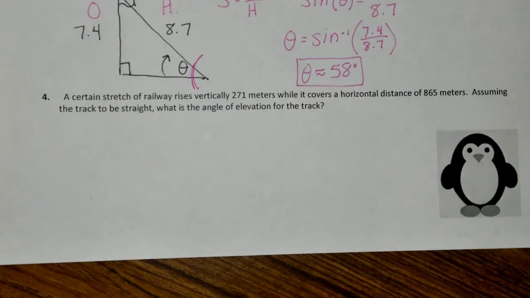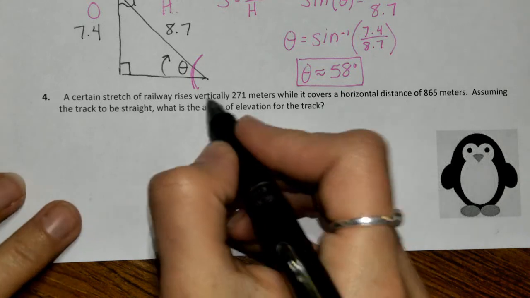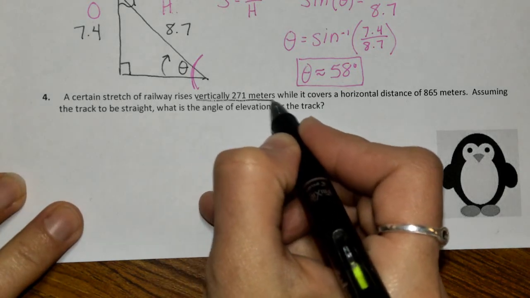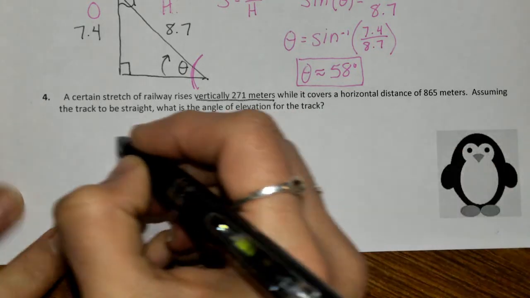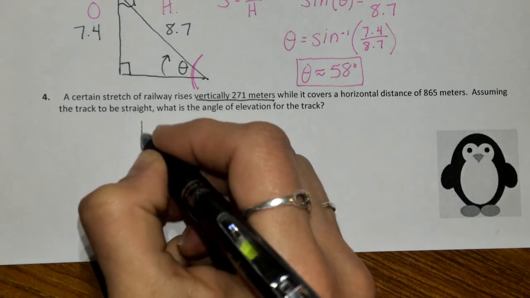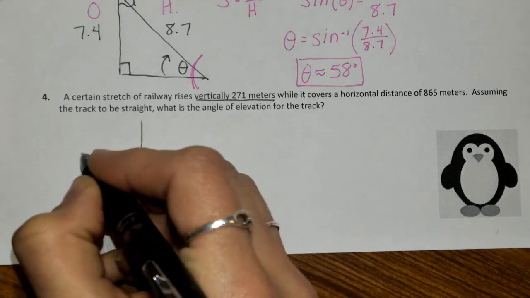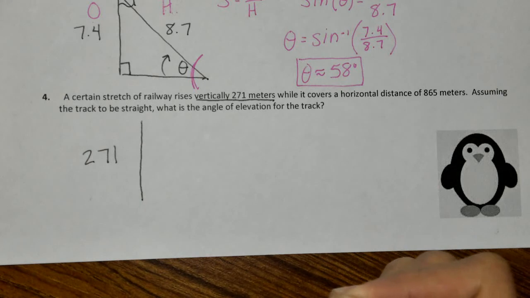All right, next one. We have a certain stretch of railroad that rises vertically 271 meters. Vertically is up and down. So here we have a vertical distance right here of 271.